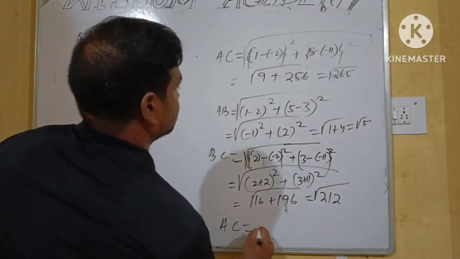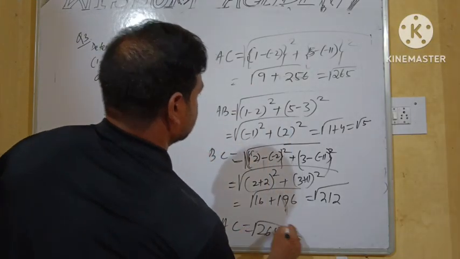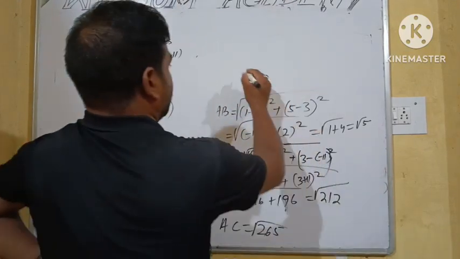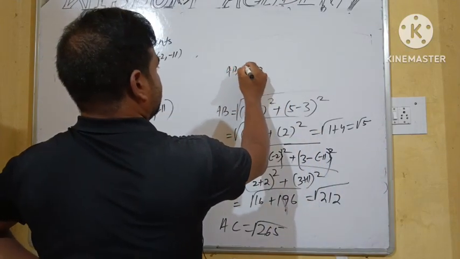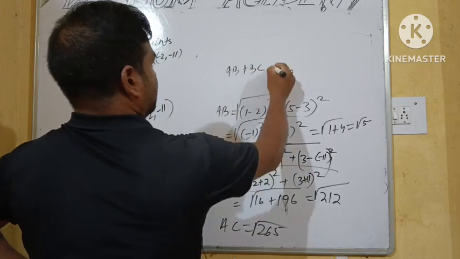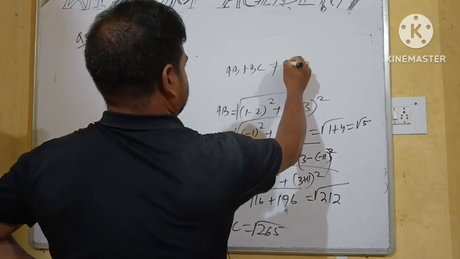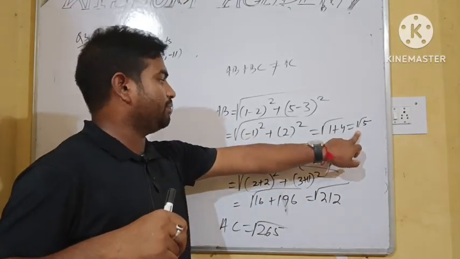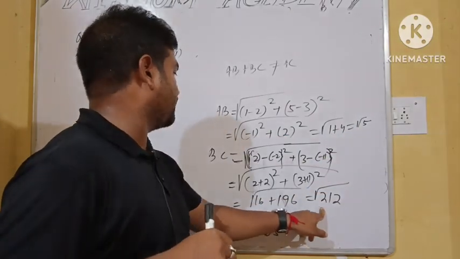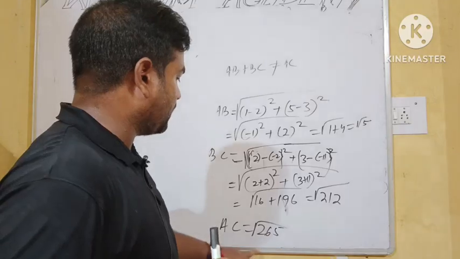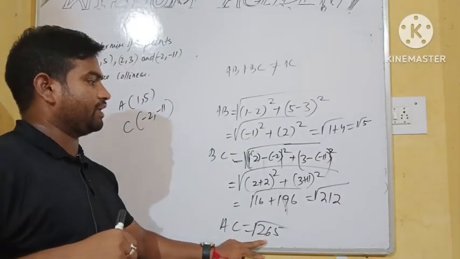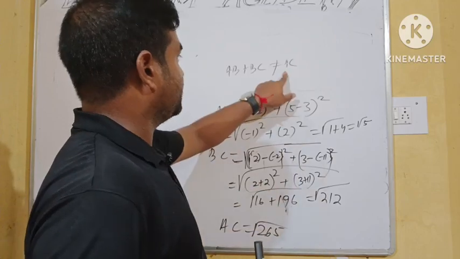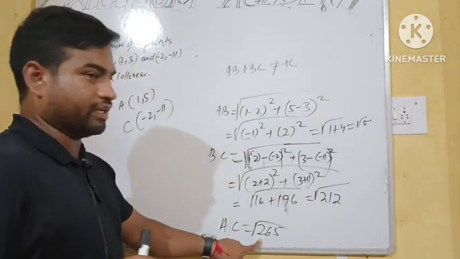AC is the square root of 265. Then we have to check AB plus BC against AC. We observe that root 5 plus root 212 is not equal to the square root of 265.